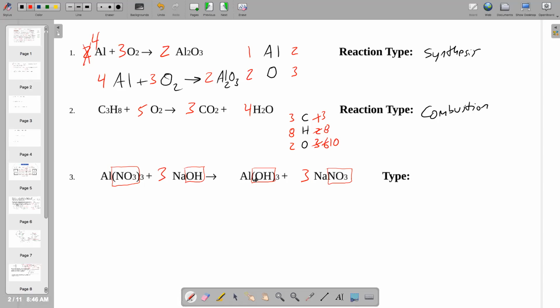So when you see polyatomic ions, don't try to balance the individual atoms, but try to balance the polyatomic ions, because the NO3 isn't going to change to NO4 or something like that. The OH isn't going to change to like O2H or OH2. It's just going to stay as an OH. That's a double replacement.